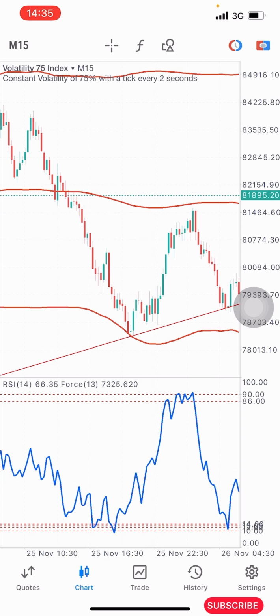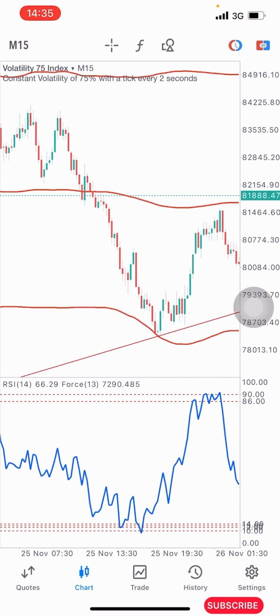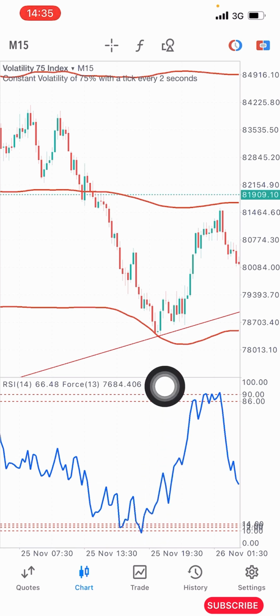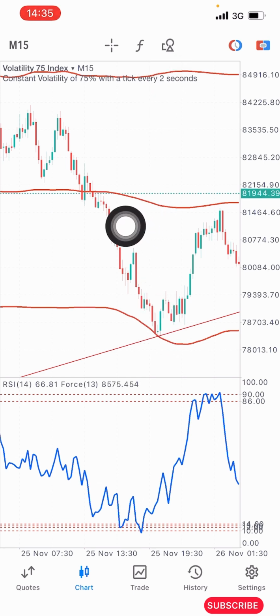So now the thing there is that you allow price to get to the oversold level on the indicator window, and then you confirm it on your main chart using the Bollinger band line. So once it gets to the oversold level, you also confirm on the main chart that price has gotten to the red Bollinger line, the third line here, this one or this one, or this middle one.